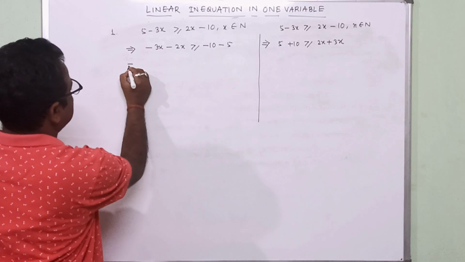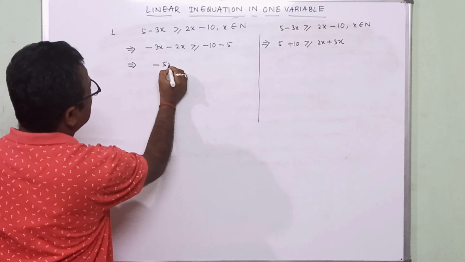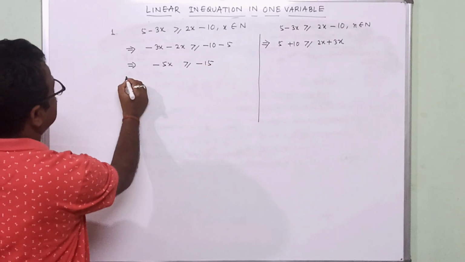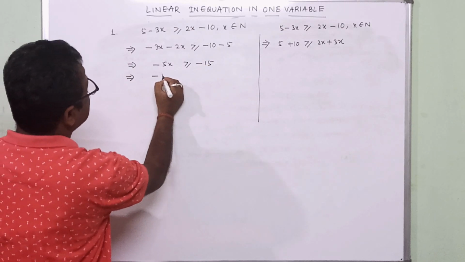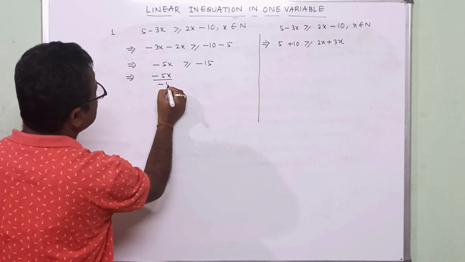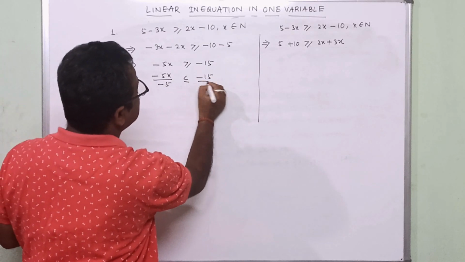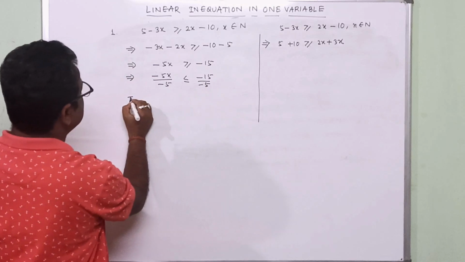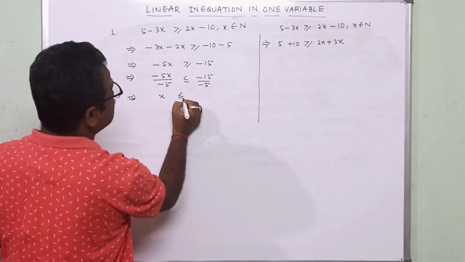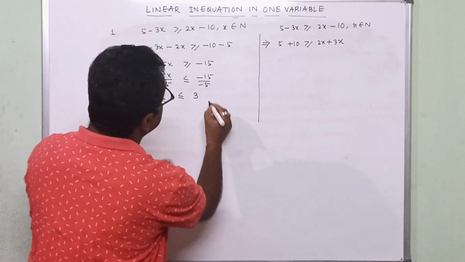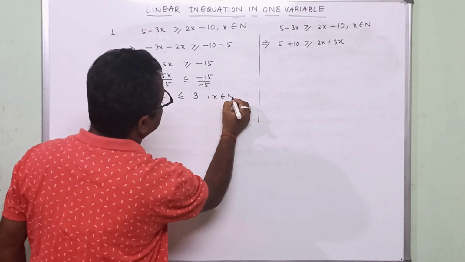Now here, what do we get? Minus 5x greater than equal to minus 15. That implies minus 5x by minus 5, x less than equal to minus 15 by minus 5. That implies x less than equal to 3, x element of N.